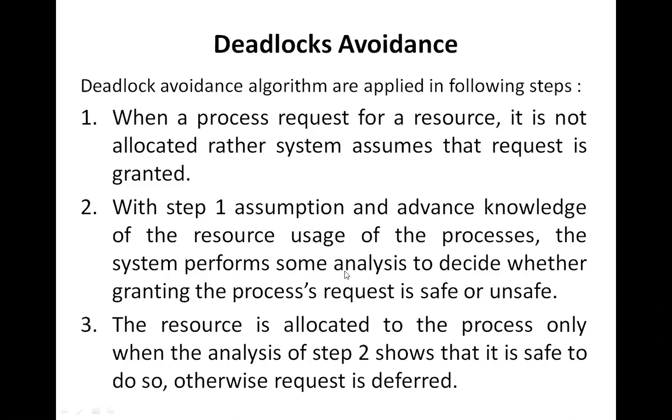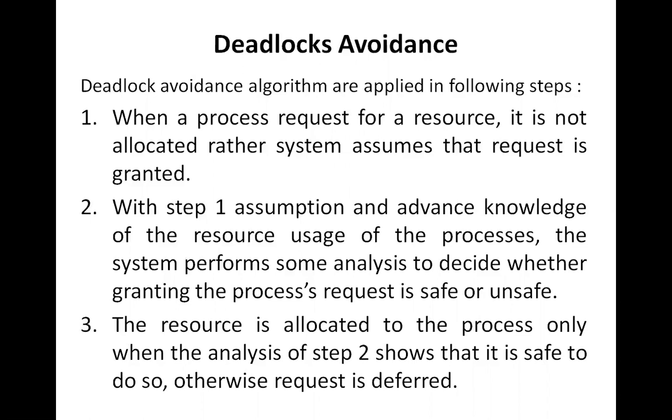A system is said to be a safe system if there is no deadlock state. And if there is no deadlock state, it means there must be a certain ordering of the processes in which the resource requests can be granted so that all of them run to completion. So for a particular safe state, there may be many such process orderings.